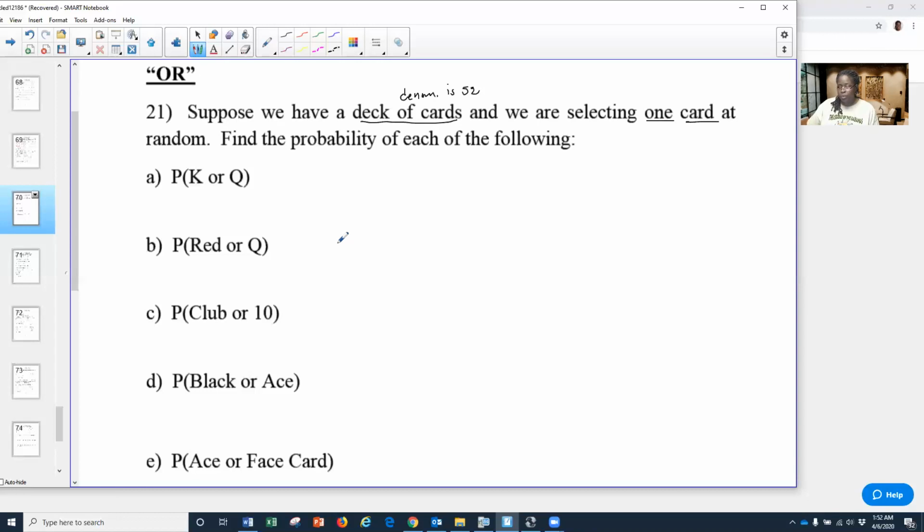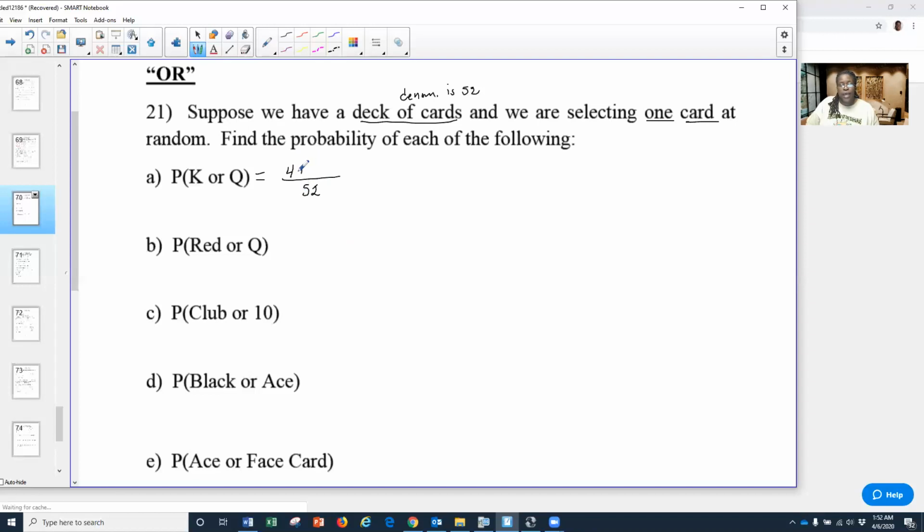So here's what we're going to do. We know that our denominator is 52. So we have 52 cards in the deck. The probability of us getting a king. How many kings do we have in the deck? We got 4. So the probability of us getting a king is 4 out of 52.